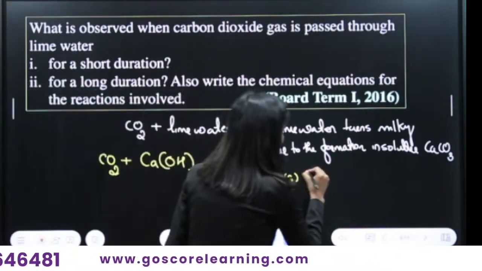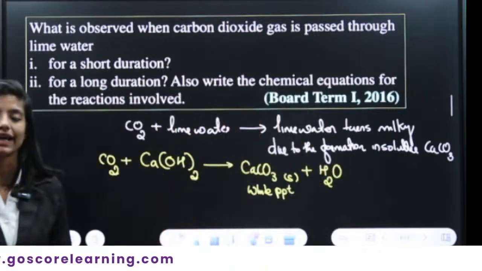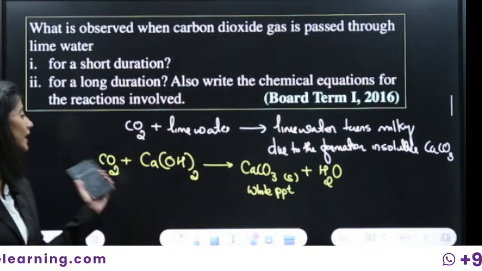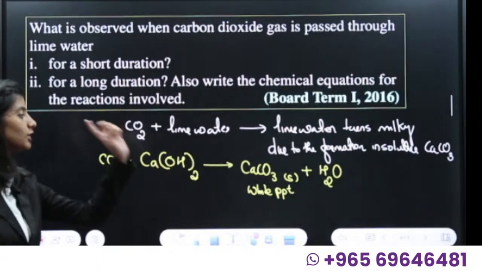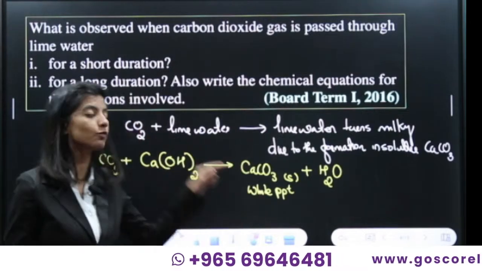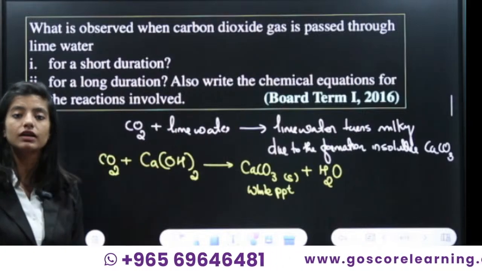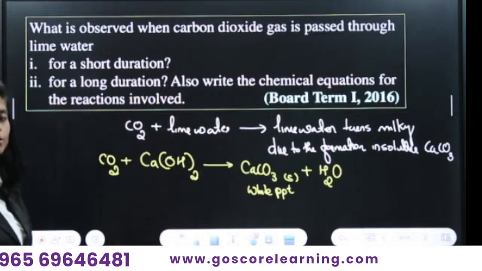The product will be water. Water is a product that we can expect here. Okay, and check the balancing. It's already balanced. So the milkiness is due to the presence of the white precipitate formed when the carbon dioxide is passed through the lime water. That will give you the answer for the first question.